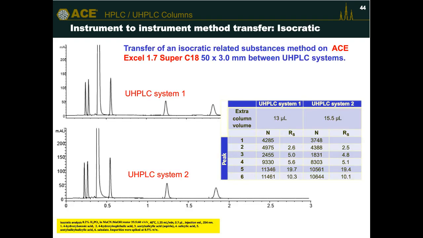So here's just an isocratic method run on 2 of our UHPLC systems. You can see the resolution, the efficiency is approximately the same, even though the 2 systems have slightly different extra column volumes. If they've got significantly different extra column volume, potentially you might see broader peaks on the system that's got more volume, more dead volume.